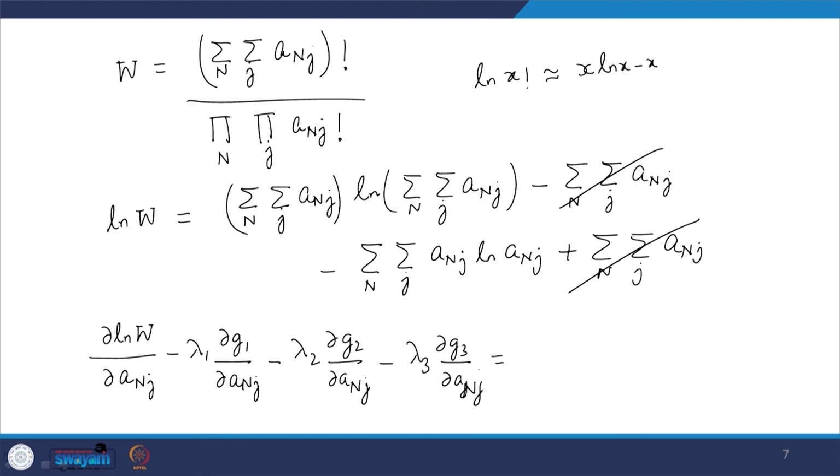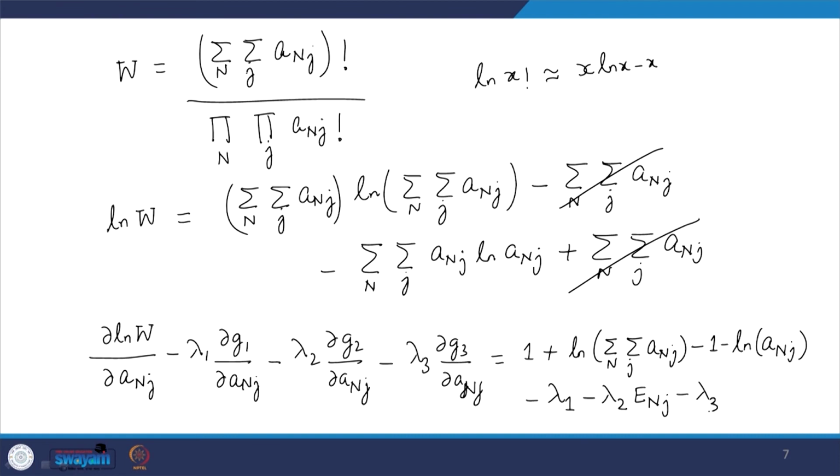So, the first term is coming from here, and that will give me 1 plus ln of the summation over N, summation over j of a_{N,j}, minus 1 minus ln a_{N,j}, and then from the first constraint you will have minus lambda 1, from the second constraint you will have minus lambda 2 E_{N,j}, from the third constraint you will have minus lambda 3 N, equal to 0.